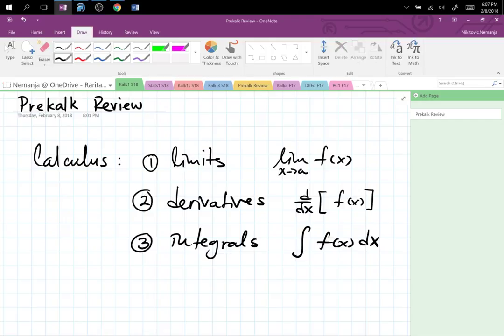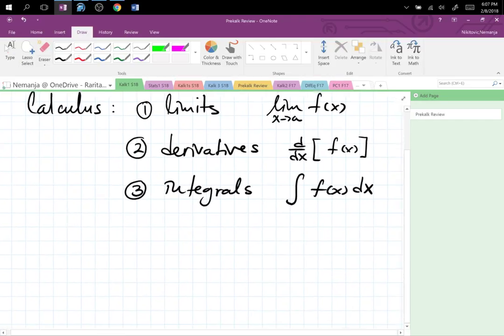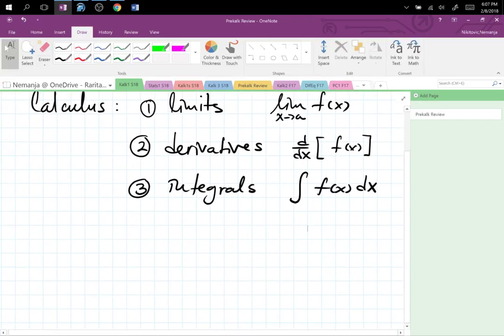So that's it. Now we are observing here that all three of these have f of x, which is the function. And clearly, you must know what the function is in its purest form, so you can use it. So here's the definition.